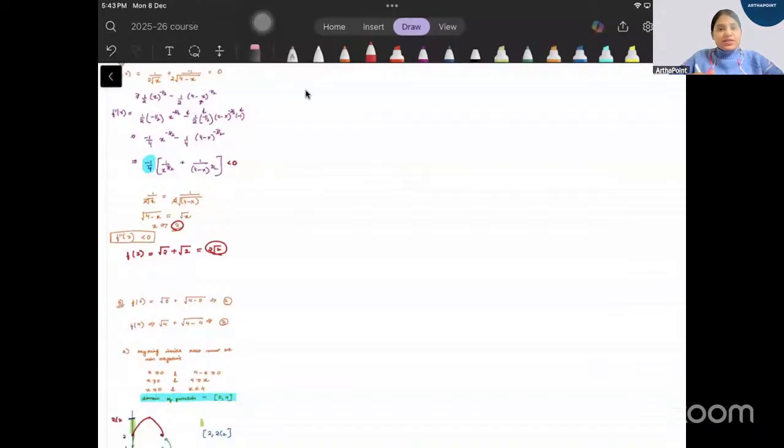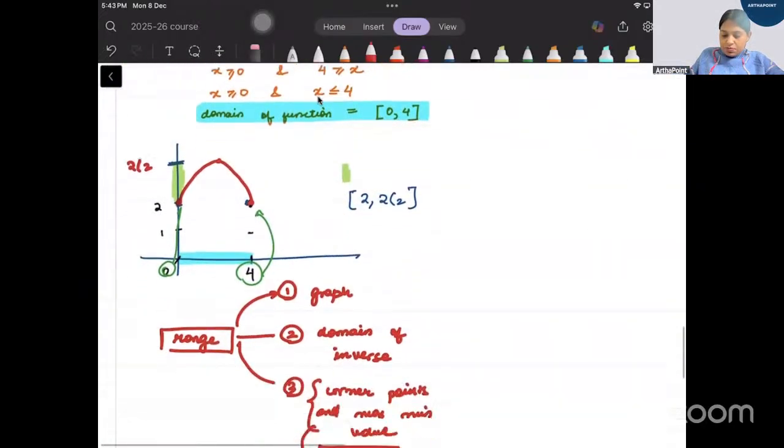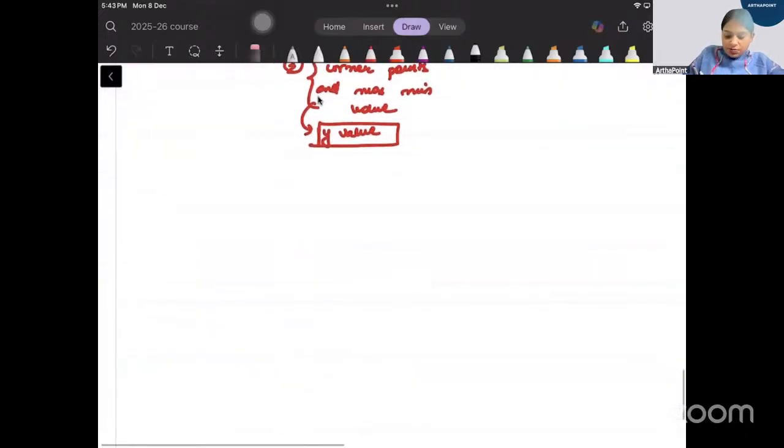Is this even visible at this zoom level? Okay. So we'll go for the next question.